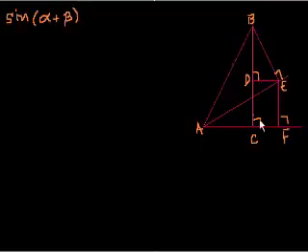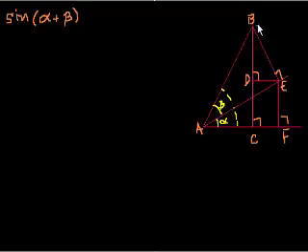So let's go back to this diagram, and let's say that this is angle alpha, and that this is angle beta. Then this whole angle right here is angle alpha plus beta, right? So we want to figure out the sine of alpha plus beta. Well, the sine of this whole angle is opposite over hypotenuse.